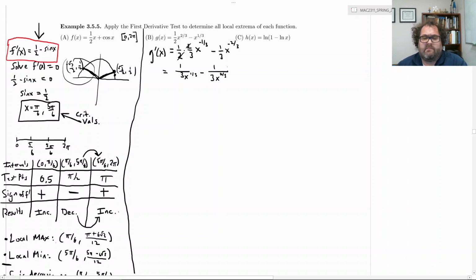Okay, interesting. So we have a denominator of 3x^(1/3) and a denominator of 3x^(2/3). What would our common denominator be here? I think it's going to be an x.